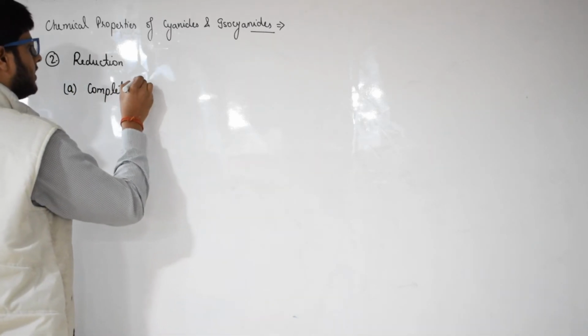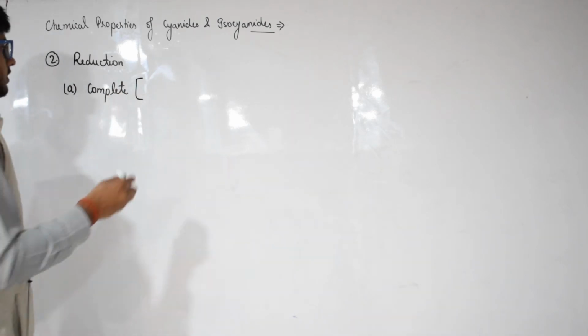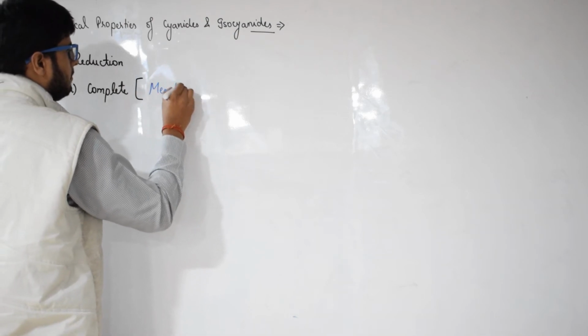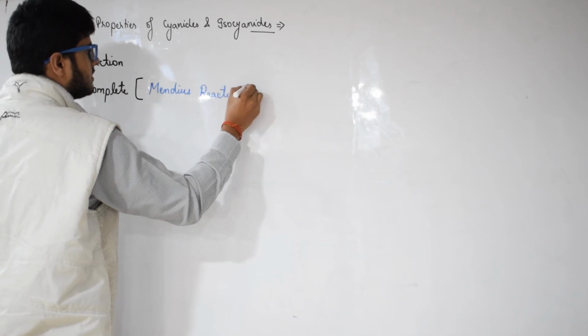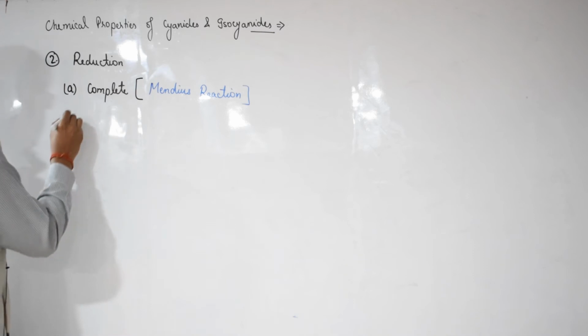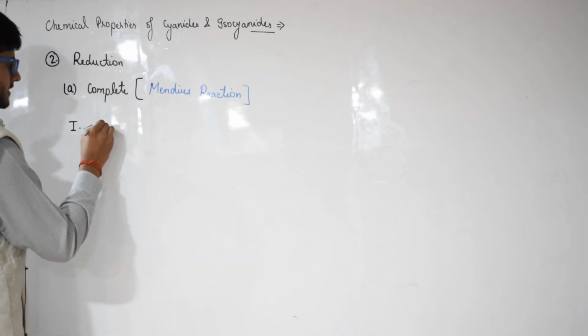First of all, complete reduction is called the Mendius reaction. It is a name reaction called the Mendius reaction, most important. And first of all, we are going to discuss the Mendius reaction in the case of cyanides.